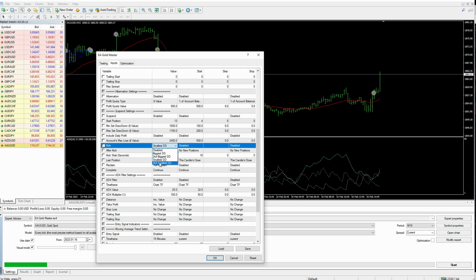So I had this in mind when I had it coded this way, so that you do not need to close the whole basket. I mean, come on, 2 more candles, let's say, then the market reverses. Wouldn't it be nice that the current basket that is losing can survive or hold for another 2 candles, like another 30 minutes, then you see the profits come in? Isn't that nice? Right. So that's what kick does.